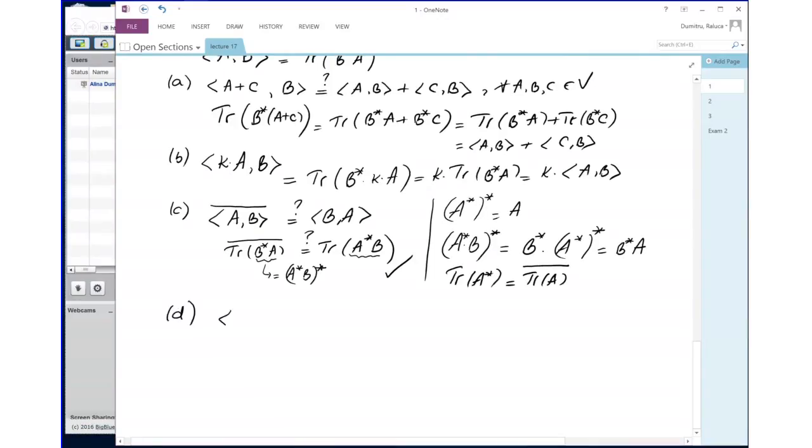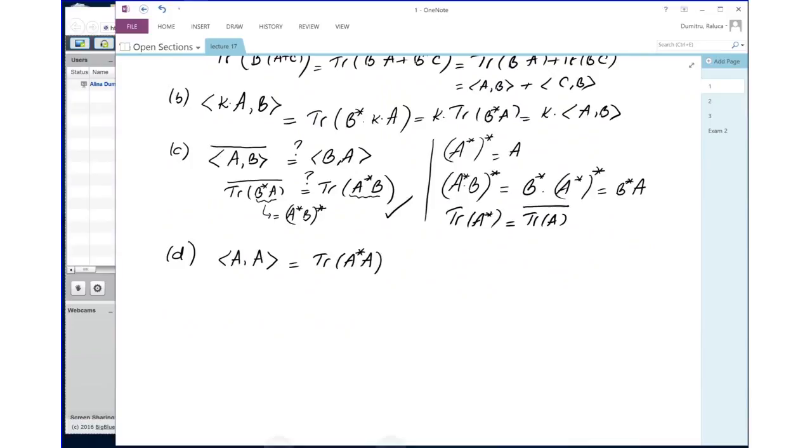And finally, inner product between a matrix and itself should be strictly positive unless the matrix is the zero matrix. So you have a matrix A and you take the trace of A star A. Let's take a quick look at A star A. So the trace is the sum of the diagonal entries, right?